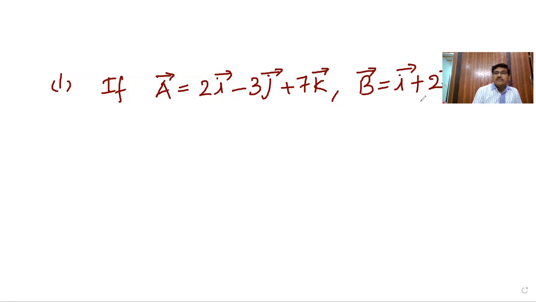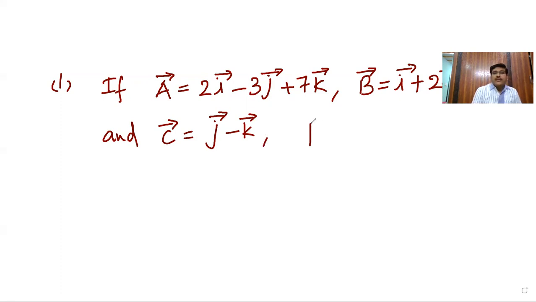Have the clarity, j is missing here. And c bar is the vector j bar minus k bar. Have a glance, i is missing here.